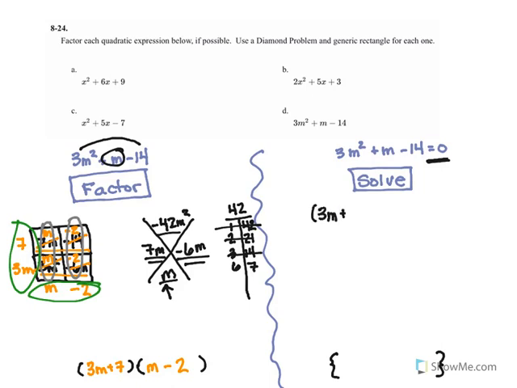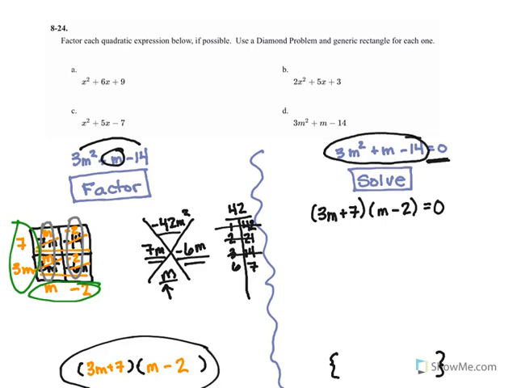So I have 3m plus 7 and m minus 2, and it needs to be equal to 0 if we're going to solve. So I just took these factors and I replaced those in my equation.